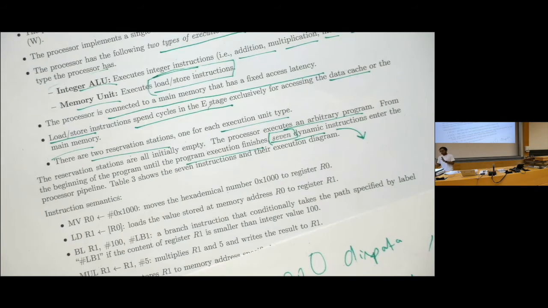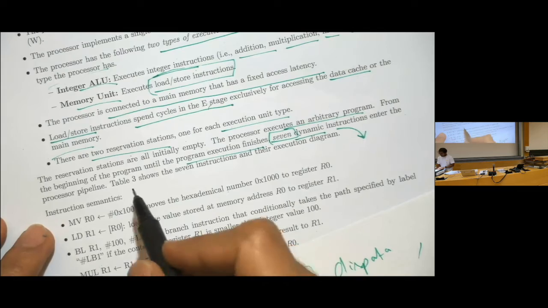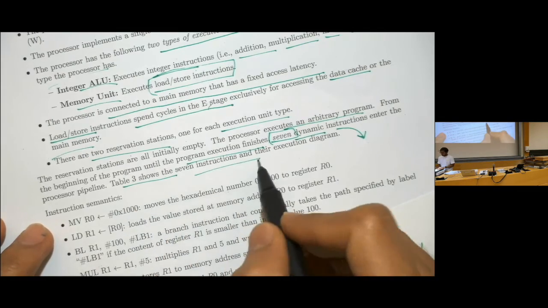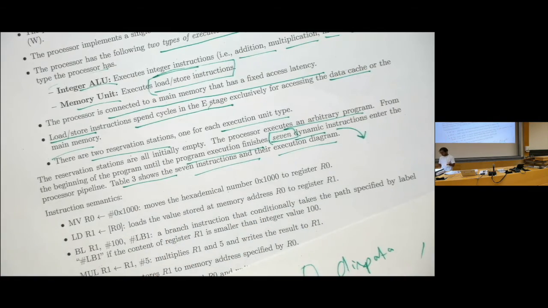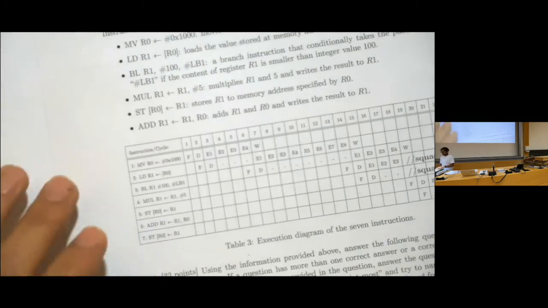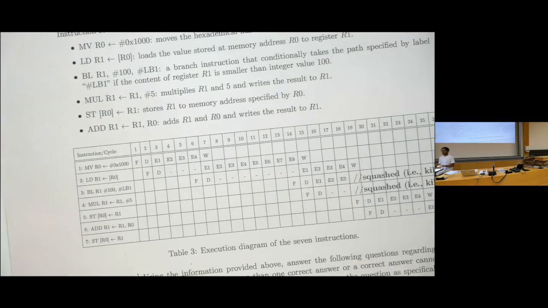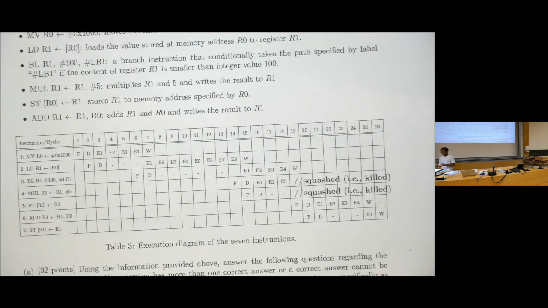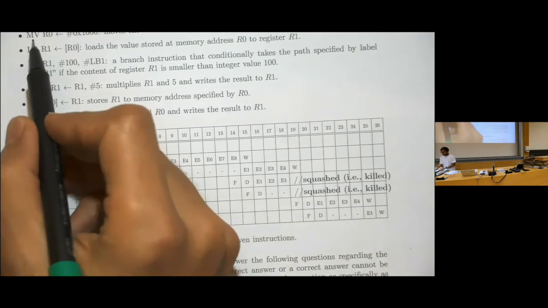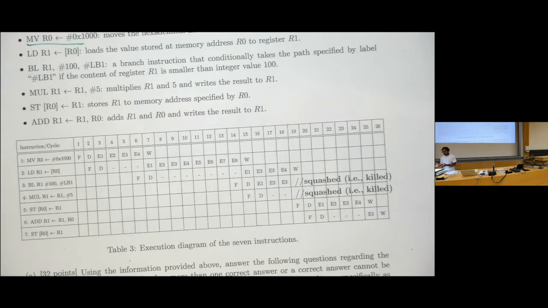So I'm just trying to build up the environment of how you should think in order to get this right. Now, table 3 shows the 7 instructions and their execution diagram. All right, this is perfect. So the question has given us the exact execution diagram for how these instructions will be scheduled. Up next, we see the instruction semantics, which tells us what the instruction means and what it does.